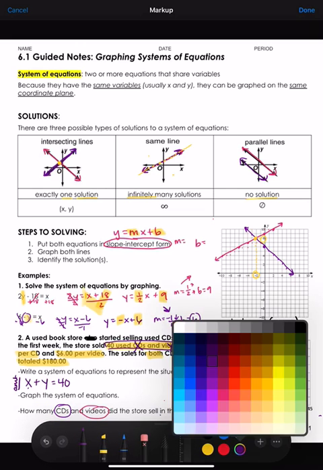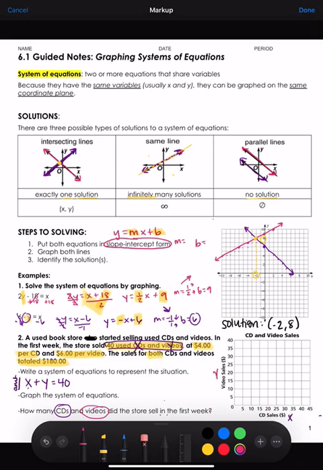But they also talked about the amount of money that was made off of those sales. So if we're selling the CDs, which are X, for $4, per means times. So 4 times X will tell me how much money was made off the CDs.